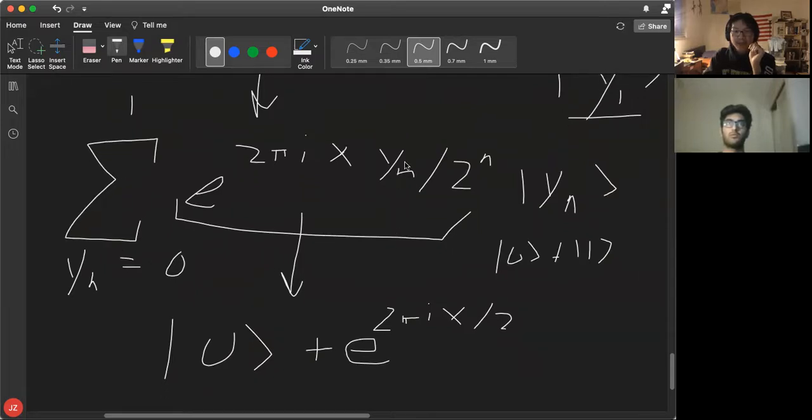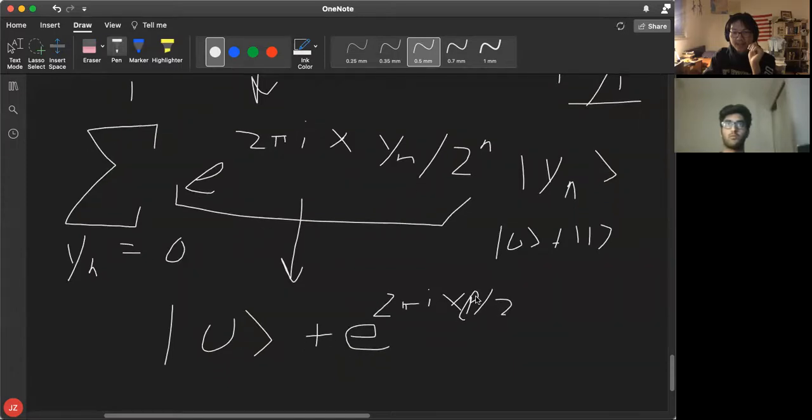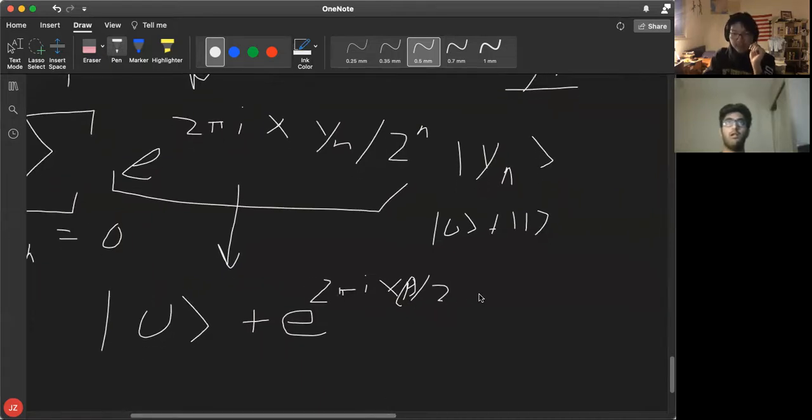At this point, y sub n is equal to 1, so you would have a 1 here, and this would just be a singular instance as well, 2 over the ket 1.